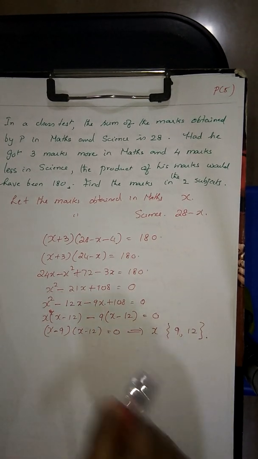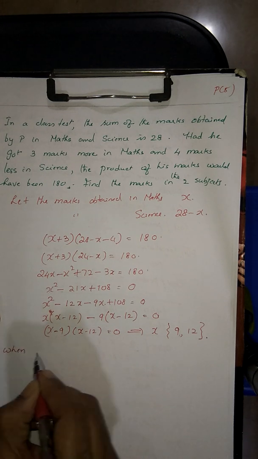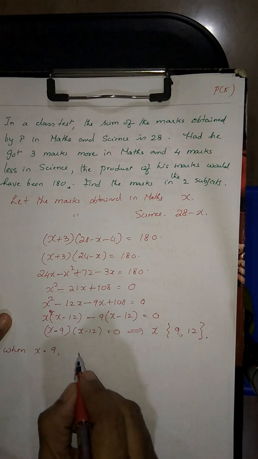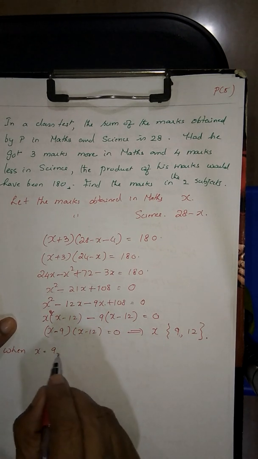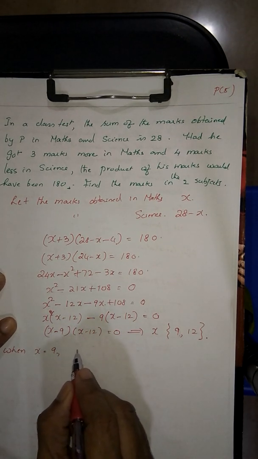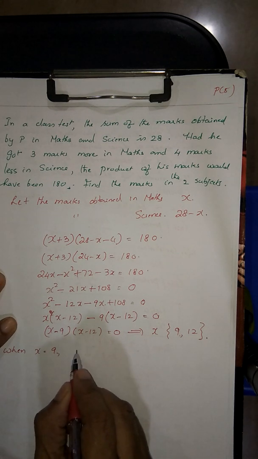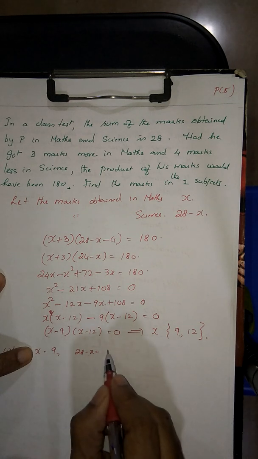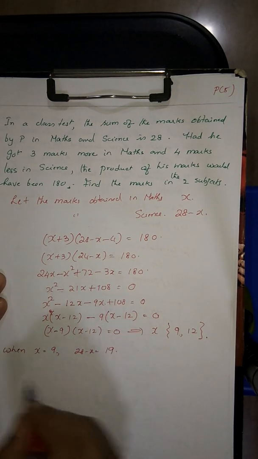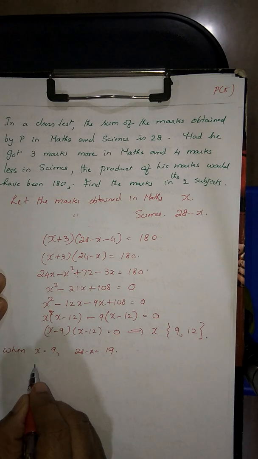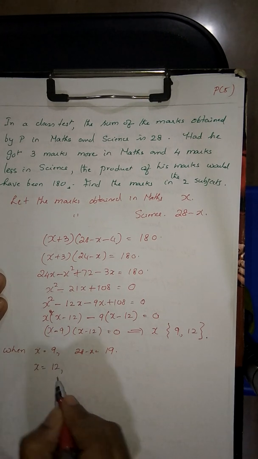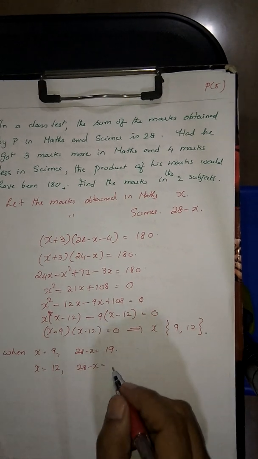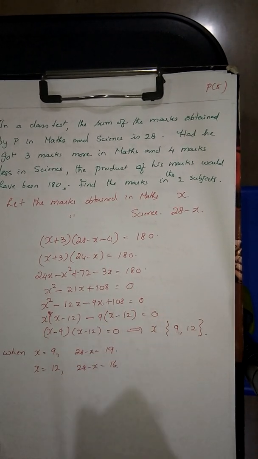So when x is equal to 9, then science marks, that is 28 minus x, will be 28 minus 9, that is 19. When x is equal to 12, then 28 minus x will be 16.